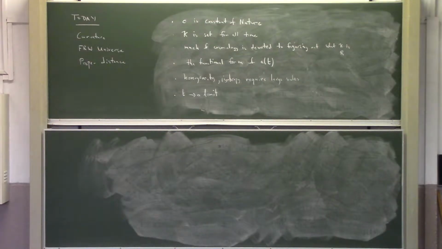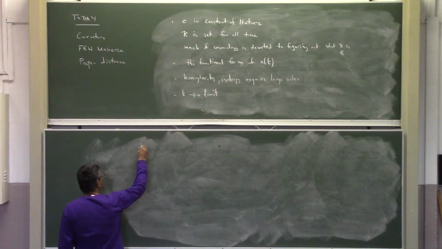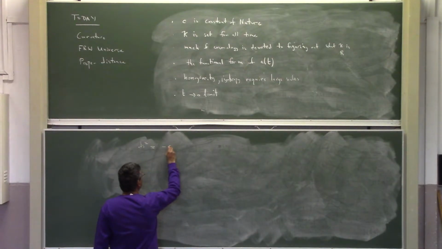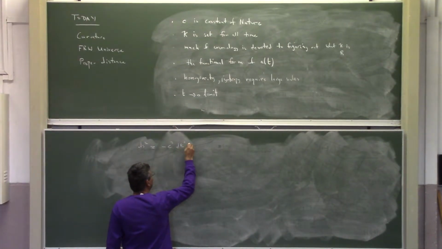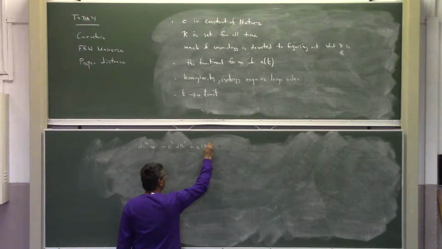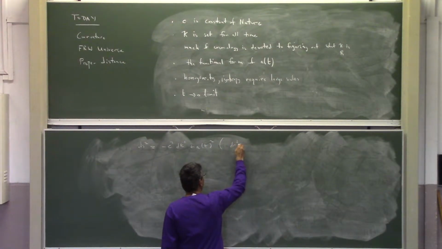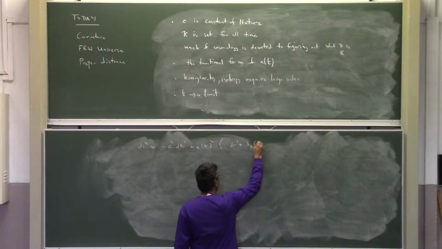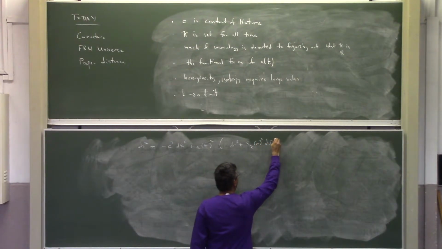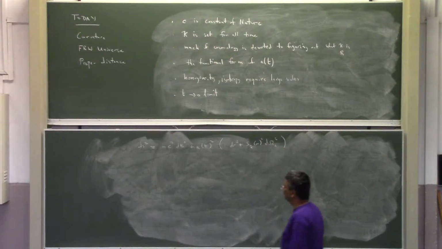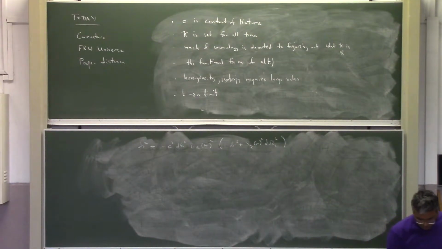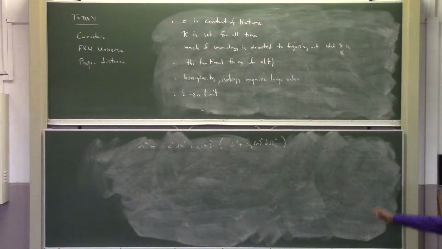Okay, so we've described the FRW universe. We've got a metric which looks like ds squared equals minus c squared dt squared plus A of t squared times dr squared plus S kappa of r squared d omega squared. So you then start thinking about how to measure distances in this FRW metric.